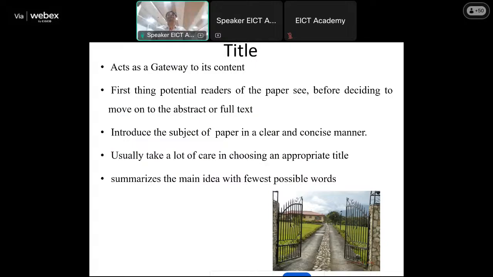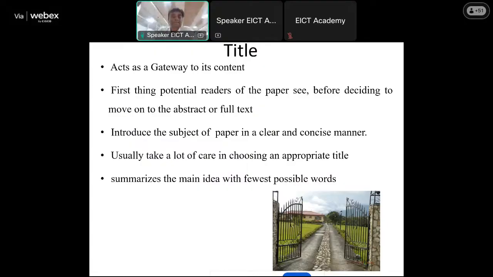So title initially you can decide. However, according to me, the final title you should decide after completion of the final draft of your paper. After completion of the final draft, you should look back at your title and reflect on whether that title is relevant to whatever is written inside the paper.